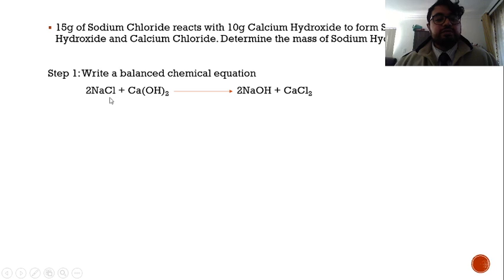We have two chlorine on the reagent side and two chlorine on the product side. We have one calcium on each side. And we have two hydroxide on the reagent side, and the 2 on the product side is distributed to the OH, which means we have two hydroxides on the product side. So our chemical equation is balanced, which means we can proceed.